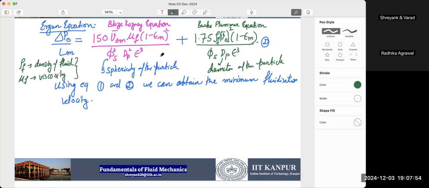And there are certain conditions, depending on the Reynolds number and the type of flow, which tell you which equation you have to use. So we have to note this.